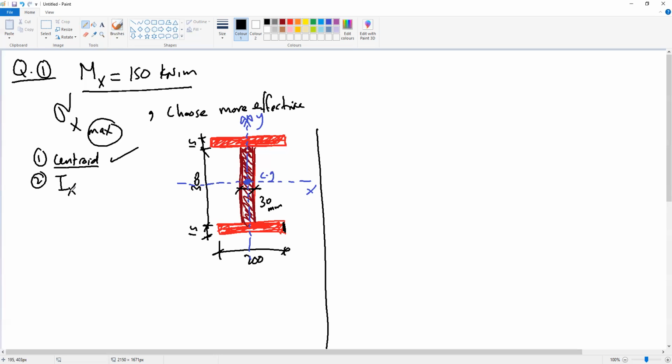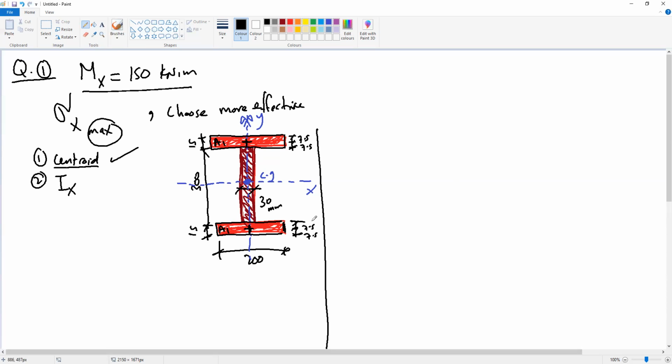To find Ix, we need to subdivide the section into some regular shapes that we know. So this one is the flange. I will give it A1. And because the flanges are identical, we have A1 and A1. The centroid of A1 is in the middle here, and the centroid of the other A1 is in the middle here. This is 7.5 and 7.5 here also.